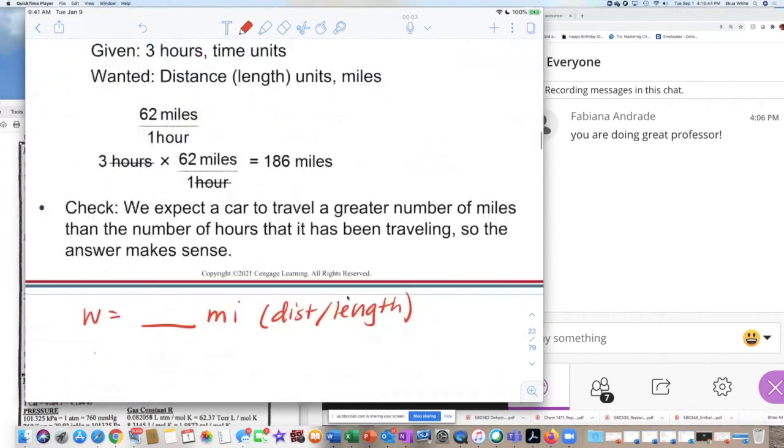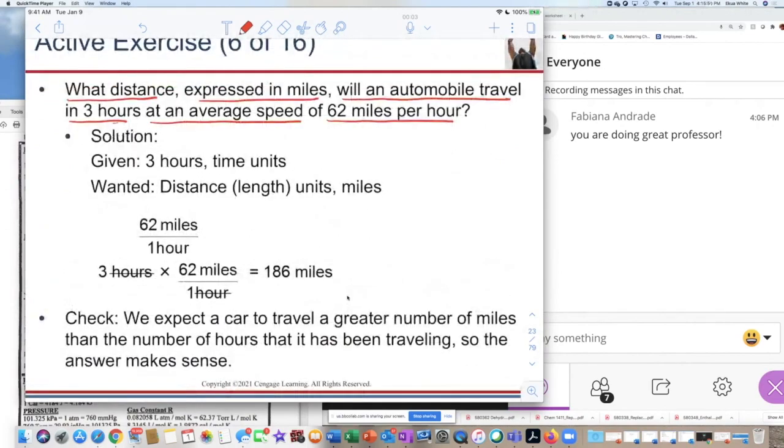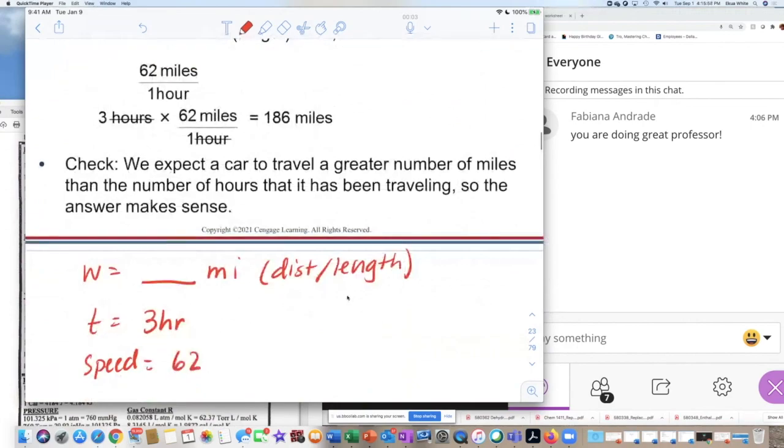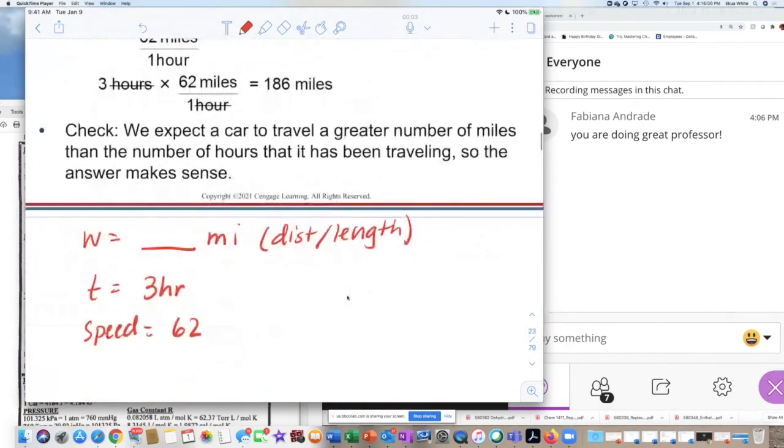So I'm given time as 3 hours, I'll put it as HR for hours, and I'm given speed as 62 miles per hour. So when it comes to conversions like this, it took me a while to figure out the trend, which is we have two given numbers, so it's not really that simple where to start.